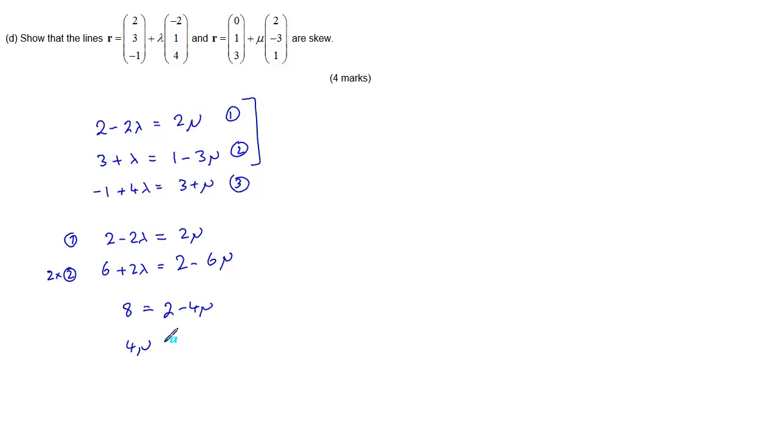So 4 mu is equal to negative 6, and mu would be negative 3 over 2. If we substitute that into 1, then we get 2 minus 2 lambda is equal to negative 3. 2 lots of this is just negative 3. So 2 lambda would be equal to 5. Lambda is 5 over 2.